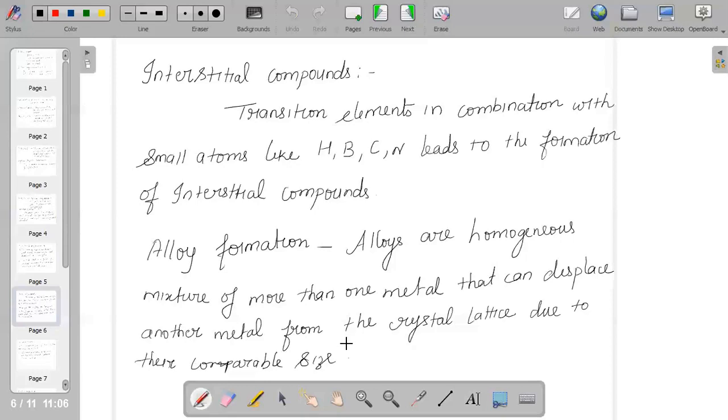The alloys formed are hard and have a high melting point, like chromium, vanadium, tungsten, and manganese, which are all alloys of iron. And very famous, we all know brass, bronze, and stainless steel. Brass is an alloy of copper and zinc, and bronze is an alloy of copper and tin. So these are the ones which we are always using, and d block elements are helpful in the formation of alloys.